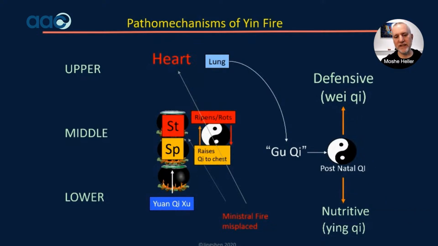So as we can see here, once there's an imbalance here, it affects our ability to have a balanced immune system.